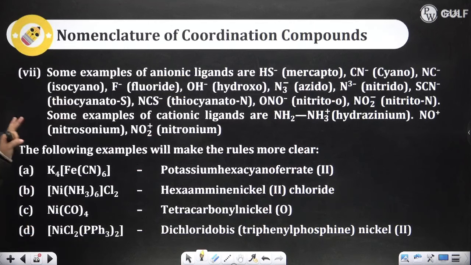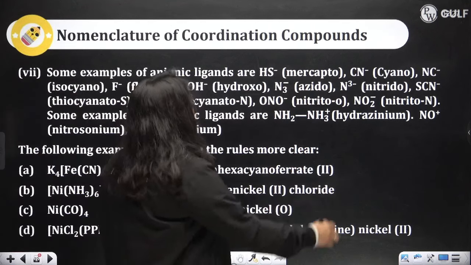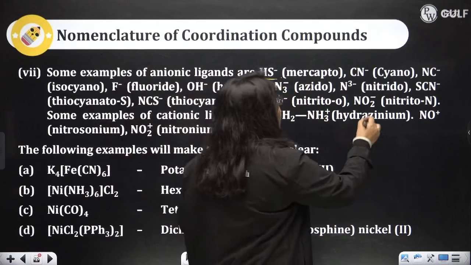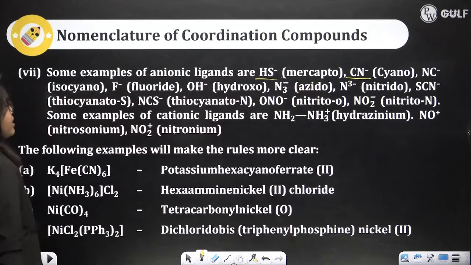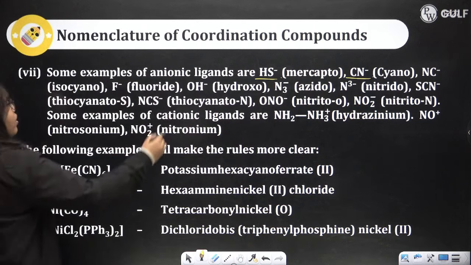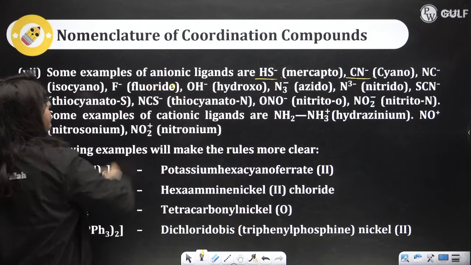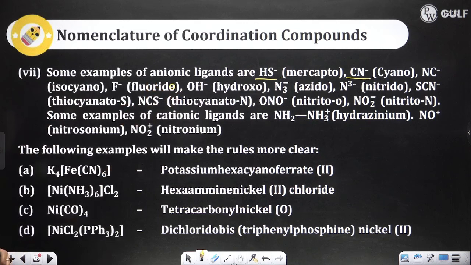Now, here are some of the examples of anionic ligands, like HS minus is mercapto, CN minus is cyano, NC minus is isocyano, fluoride is fluorido, hydroxo, azido, nitrido. Here are some of the examples. And here are some of the examples of how to name the compound. When you look at K4[Fe(CN)6], first the positive part will be named, K plus, so potassium.